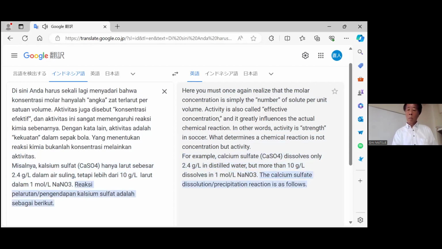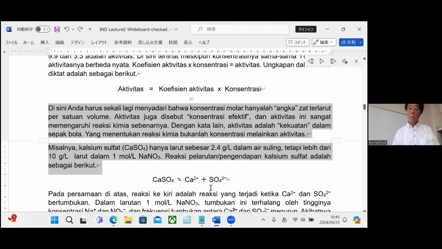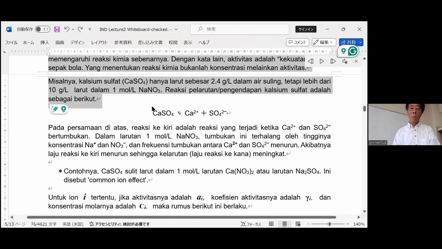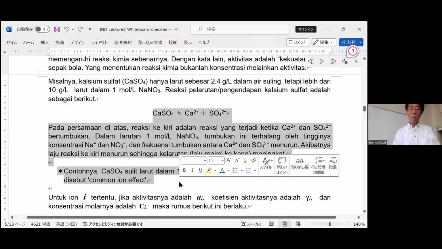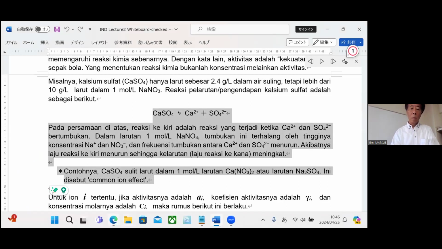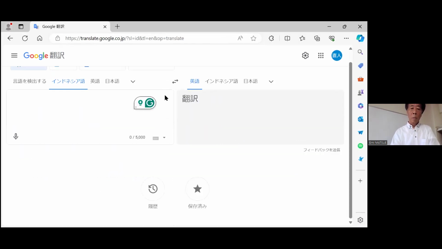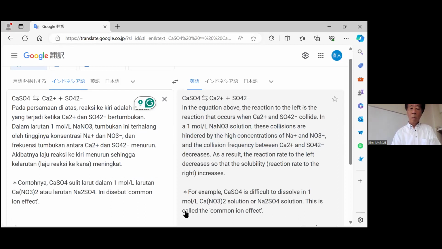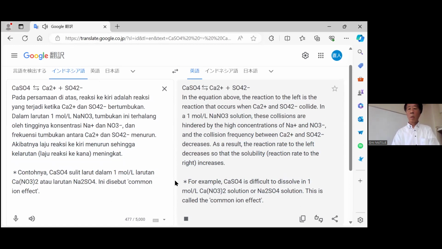The calcium sulfate dissolution-precipitation reaction is as follows: CaSO4 ⇌ Ca2+ + SO4 2- in the equation above.